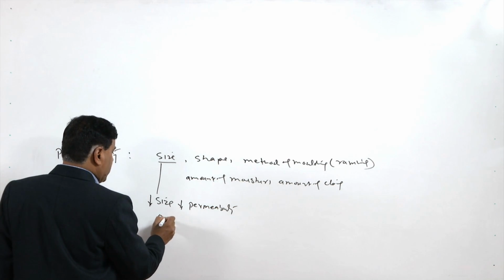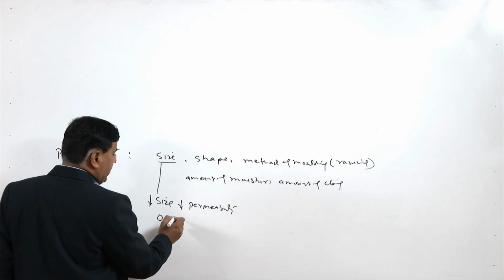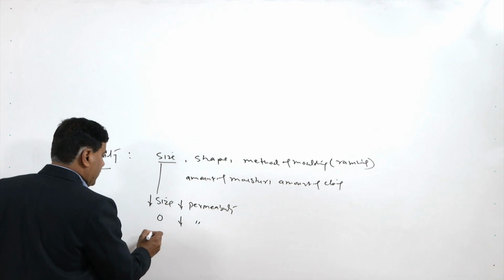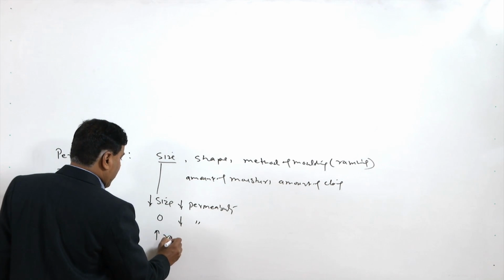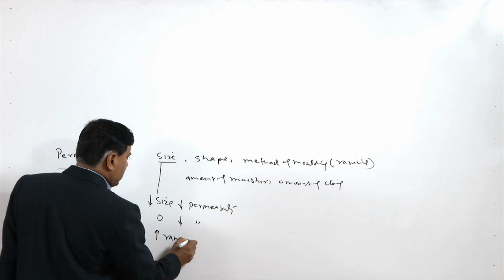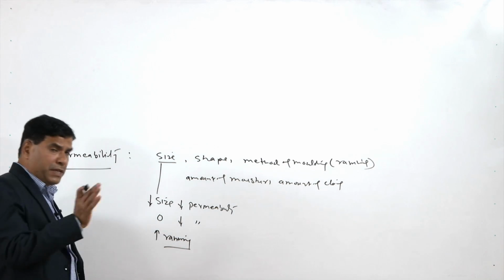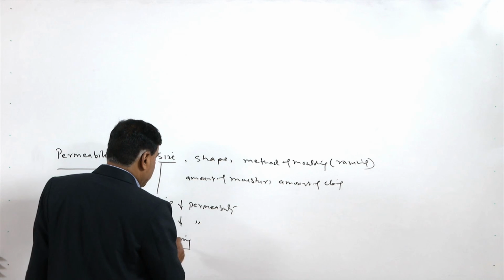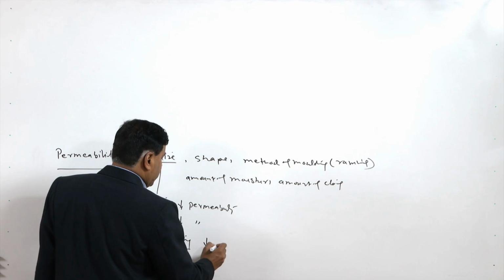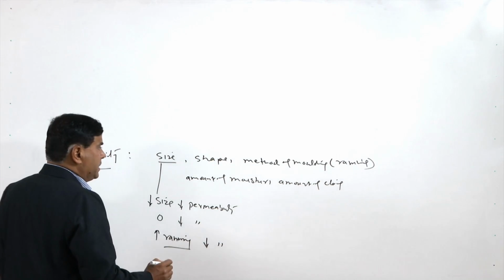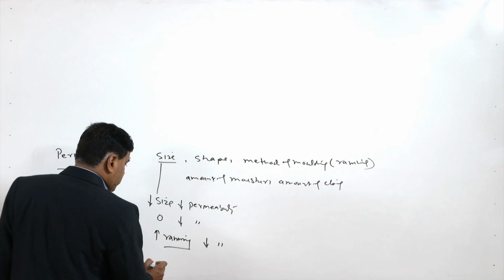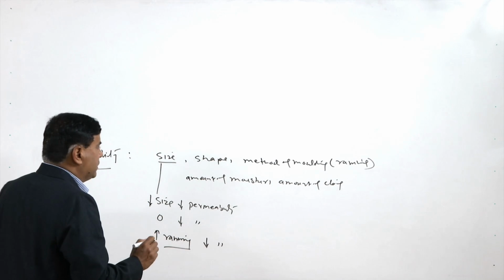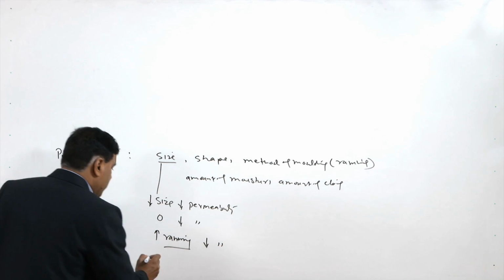Very round shape will be leading to the reduced permeability, and increased ramming, basically how much packing of the molding sand is done during the molding, in turn reduces the permeability. Then the amount of the moisture and the amount of the clay both affect it.